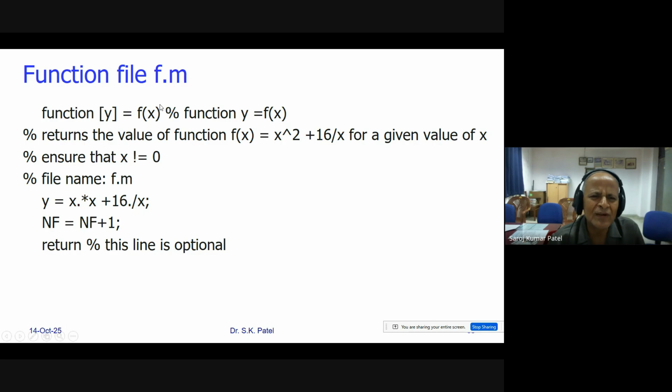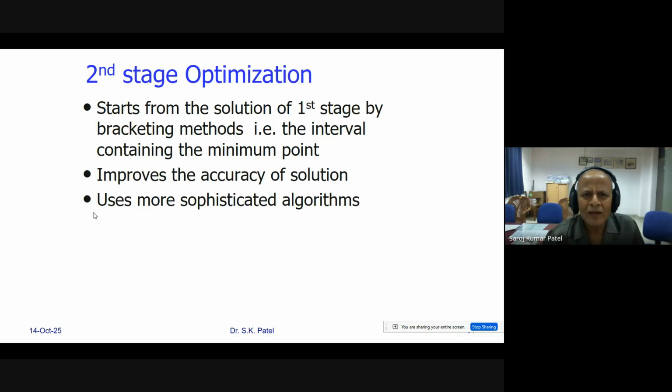So this is the content of a function file to calculate the function value f of x, and the previous 2 or 3 slides were the content of the main program. In the command prompt, if you write the name and press enter, it will ask you to input the values of u, v and some other value, and you will get the final result.